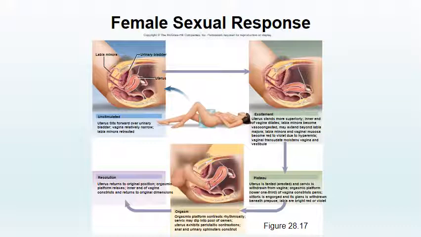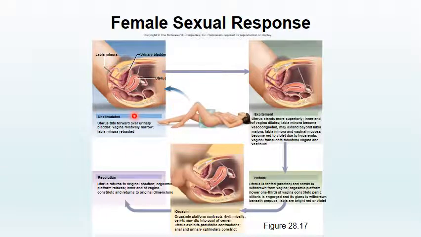Okay, so the last couple of slides here, I am just going to go through the female sexual response. It is very similar to the male sexual response, which makes a lot of sense because we have homologous tissues. There are obviously some anatomical differences, so we do see some minor variations here. So we can start with unstimulated.